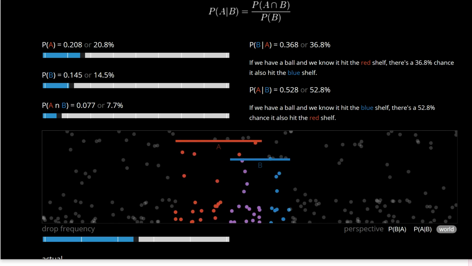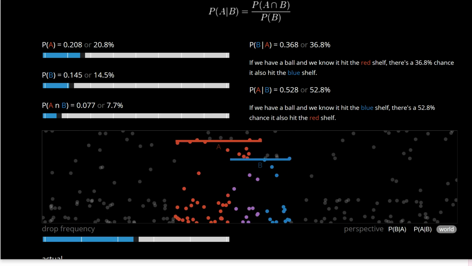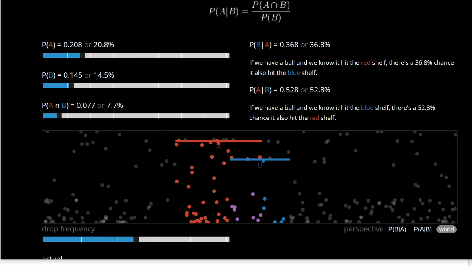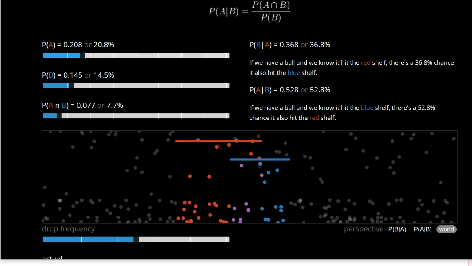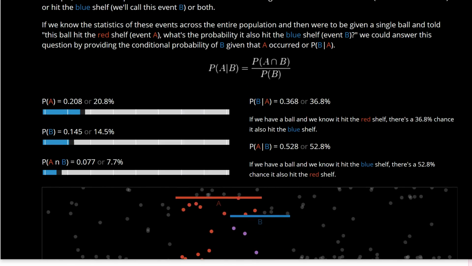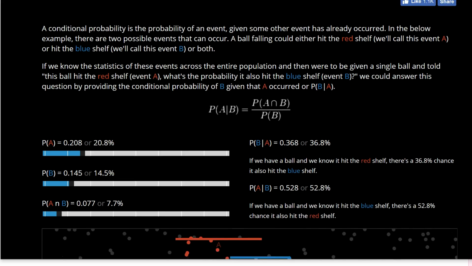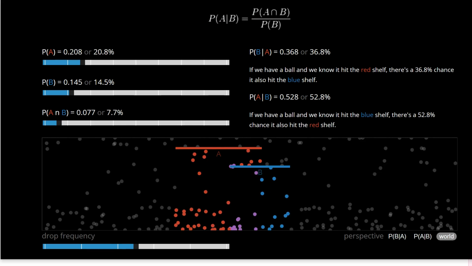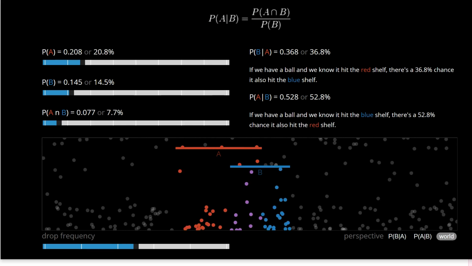Hopefully you can visualize the circle of A and the circle of B, and where they overlap, and then changing A and changing B. So I want to give you guys a few minutes to play around with this and see if you can visualize what's going on when we talk about a conditional probability.